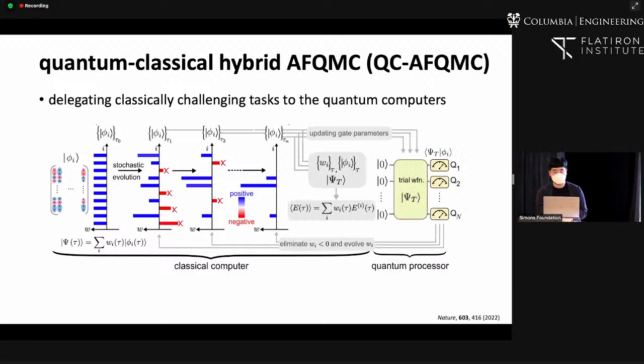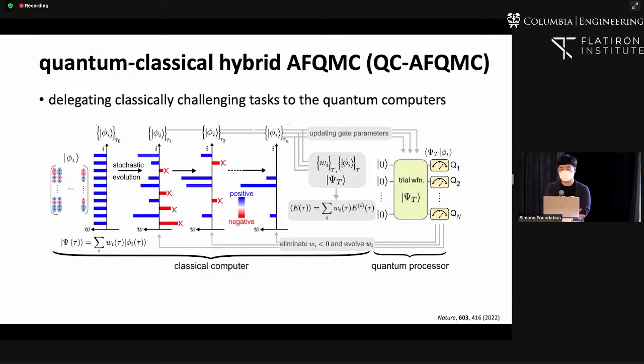So the way we do this is to actually evaluate the overlap between the statistical sample wave function and the trial wave function. And you evaluate them by querying the quantum computer what the value should be, and the value that it measures out will be returned to the classical computer to update these weights. And if the weights flip the sign, it will immediately discard these samples. Of course, this procedure inherently introduces bias. As I said, a bad trial wave function for AFQMC will give you bad results in the end.